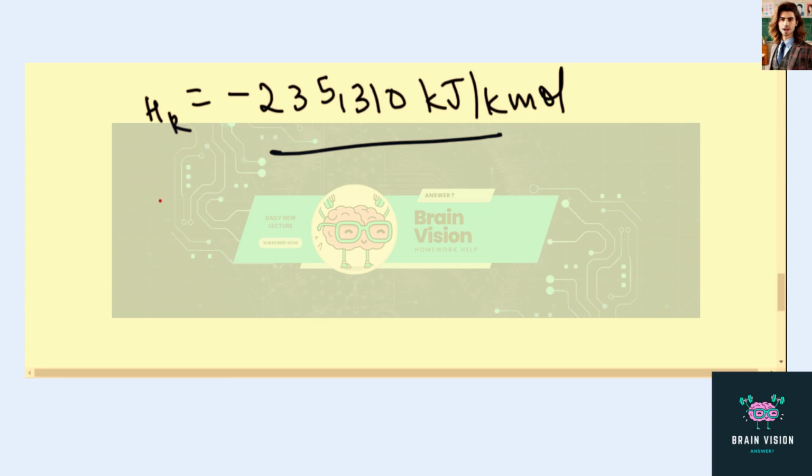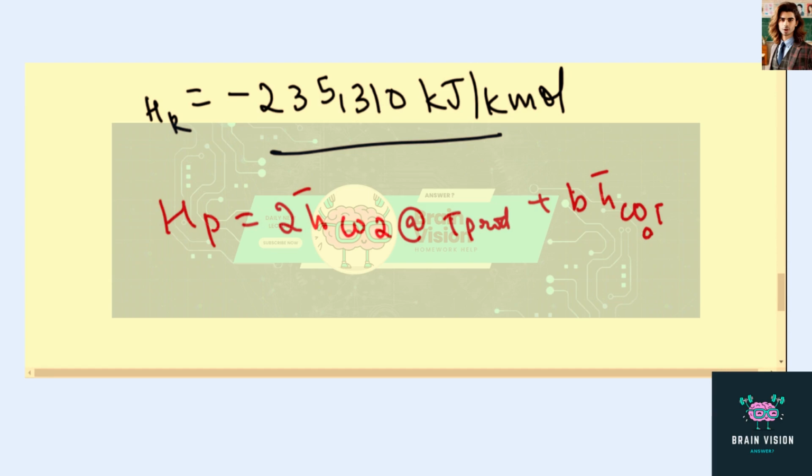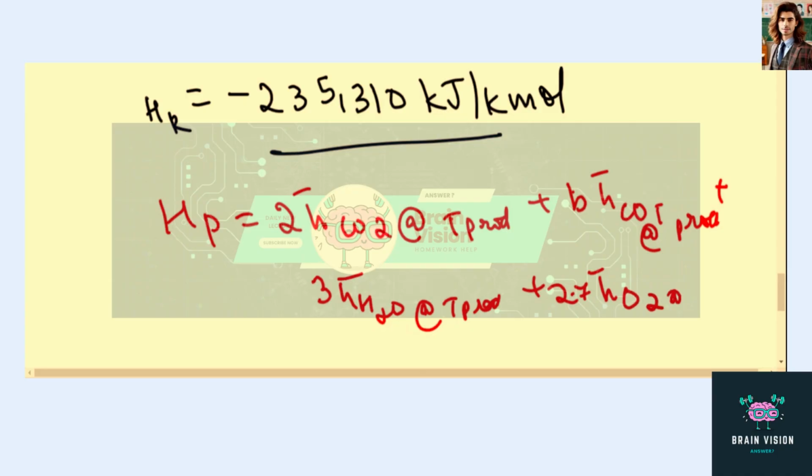Now when we take the same thing for the product, that is 2 H CO2 at the temperature of product plus B into H CO at T product, 3 H2O at T product plus 2.7 H bar O2 at T product plus 21.43 H bar N2 at T product.